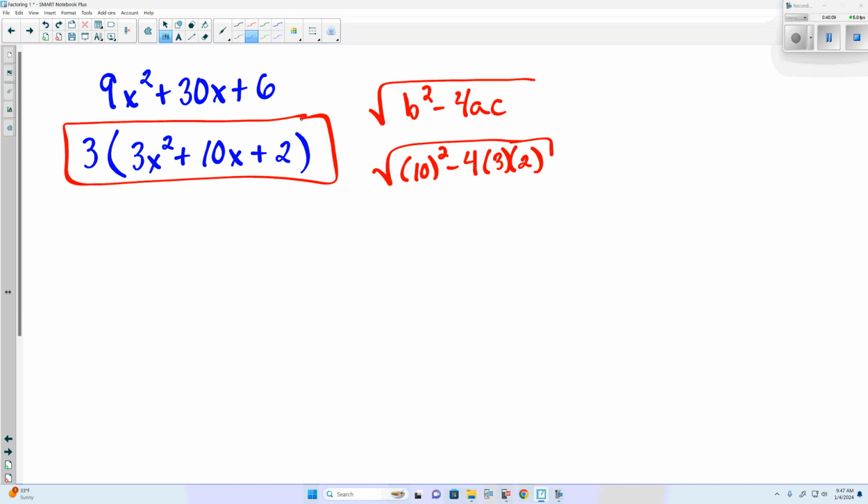One option is that we could do our two sets of parentheses. The third term is positive, so the signs are the same, matching the sign of the middle term. We'd still go through the steps. And looking at the factors of 3 and 2, there's a good chance 3 and 2 isn't going to get us to 10, and we could go through all the factors for those, and it just wouldn't get us there.